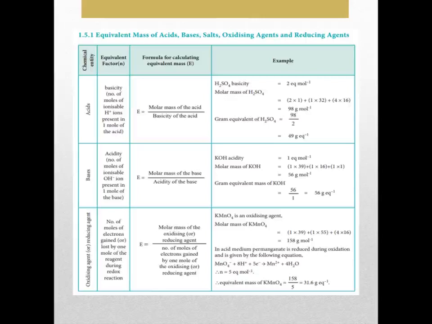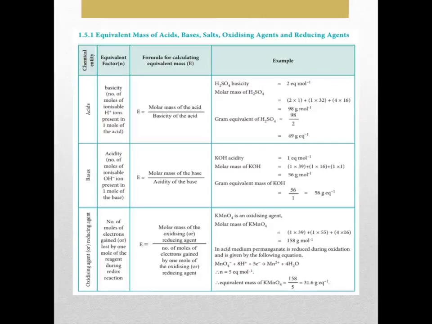Equivalent mass E equals the molar mass of the acid divided by the basicity of the acid. For bases, it is the molar mass of the base divided by the acidity of the base. Now, see the first example, H2SO4.